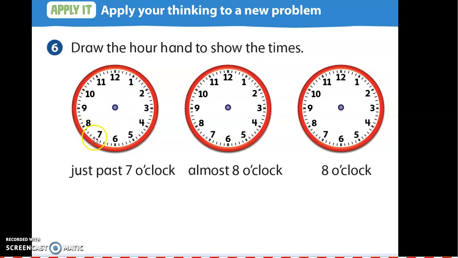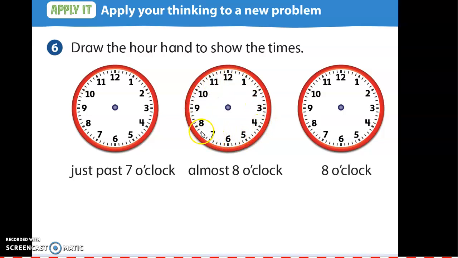So for just past 7, we want it to be a tick or 2 past 7, and then draw our hour hand. For almost 8, we want it to be maybe a tick or 2 in front of the 8. Remember, in front, the hands go this way.